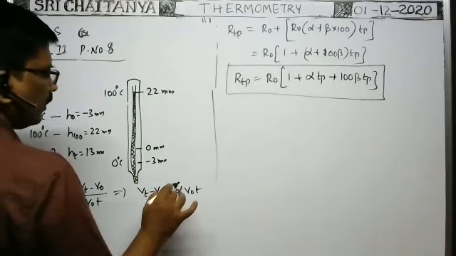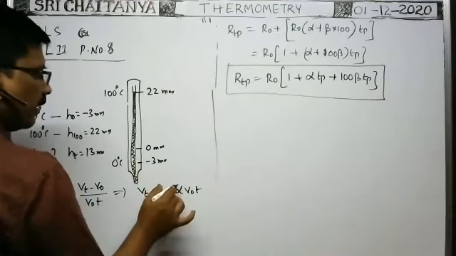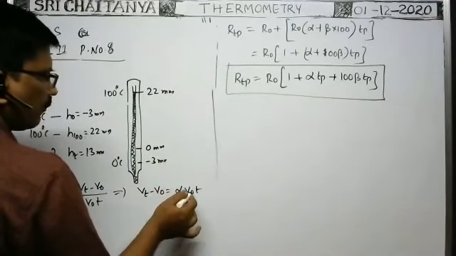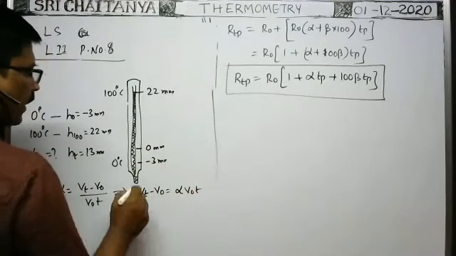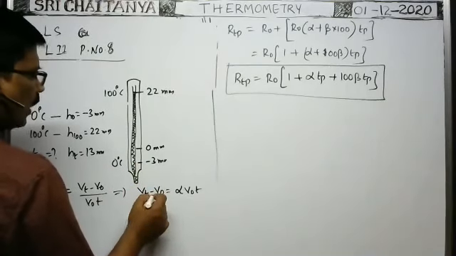Alpha is the coefficient of cubical expansion, or coefficient of volume expansion, of the mercury here. Of course, T is the temperature. Here it is the increase in volume now.